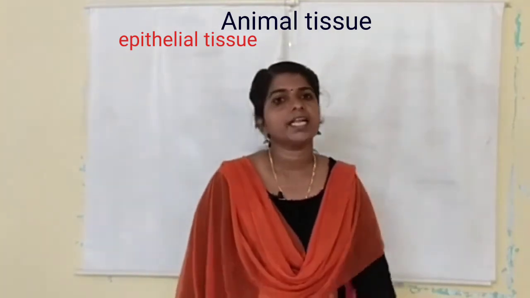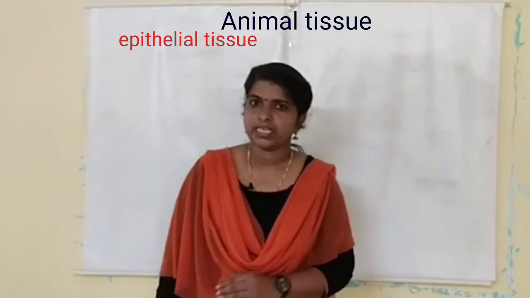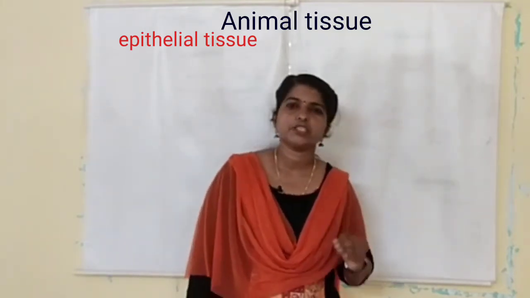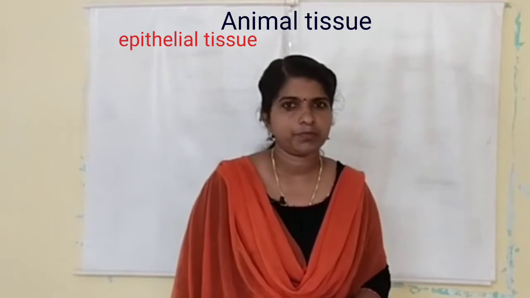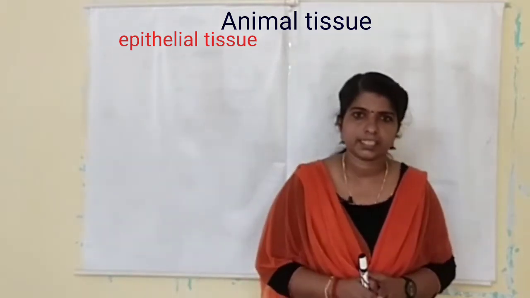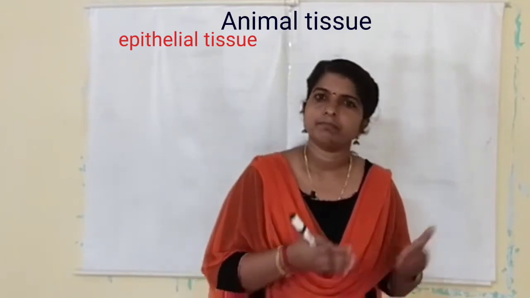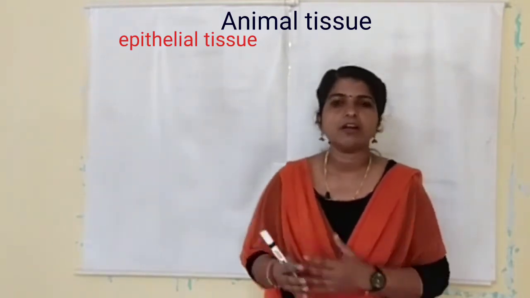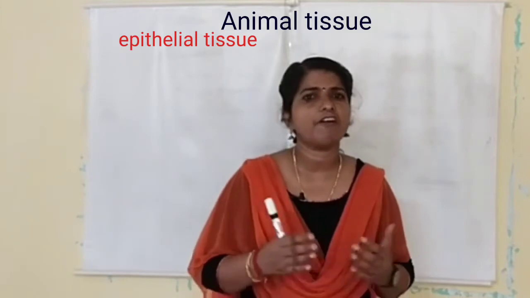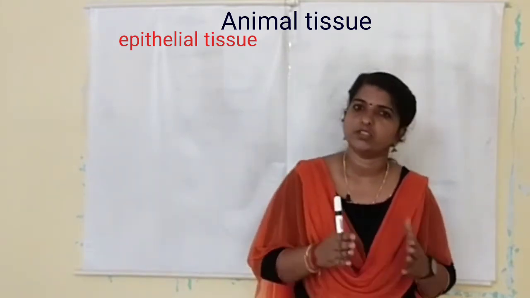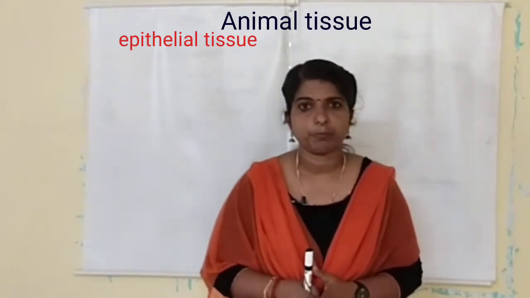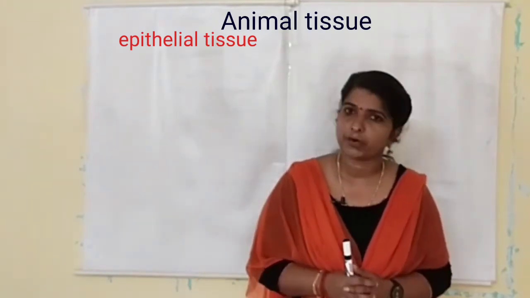The first one is epithelial tissue. The covering or the protective tissue is the epithelial tissue. It is present on the surface. In the skin, the lining of the mouth, esophagus, lung alveoli, blood cavities, everywhere you can see this epithelial tissue. The main function is protection.